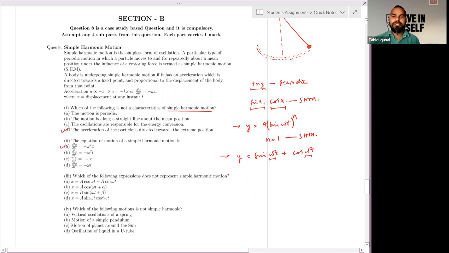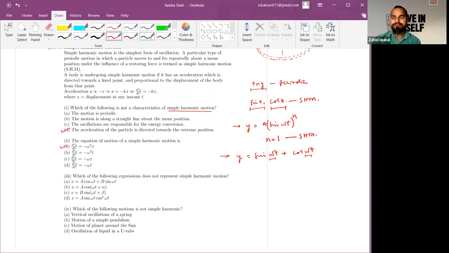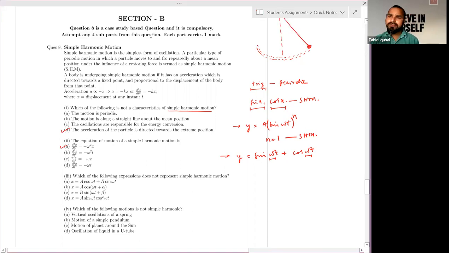So we can say superposition of two SHMs having the same angular velocity will be SHM. Otherwise, it will be periodic but not SHM. So these are the different properties for an equation to be SHM. So in this part, option D will be incorrect since it has power 2, or there is a product between sine and cos. Is it clear?